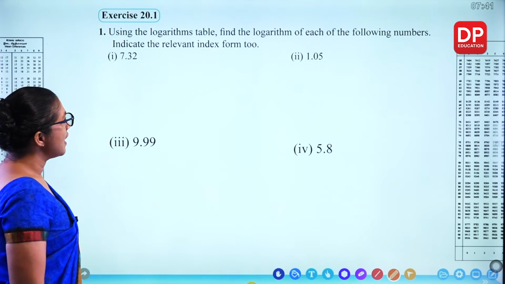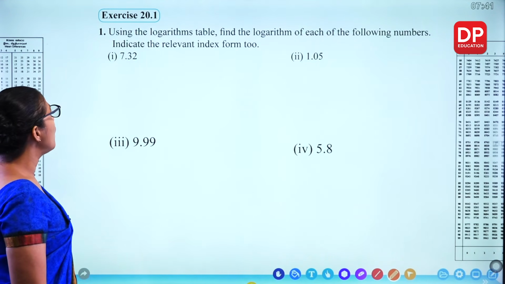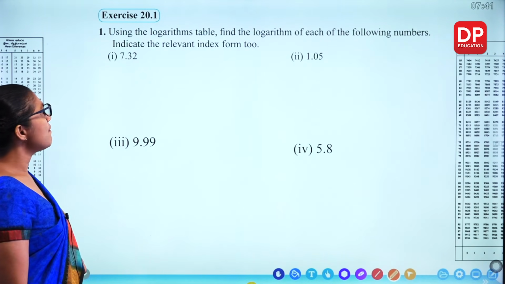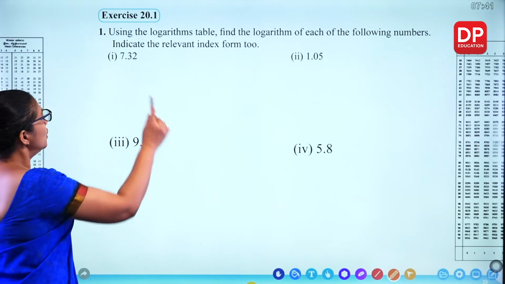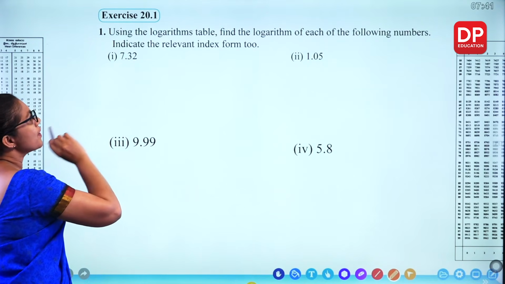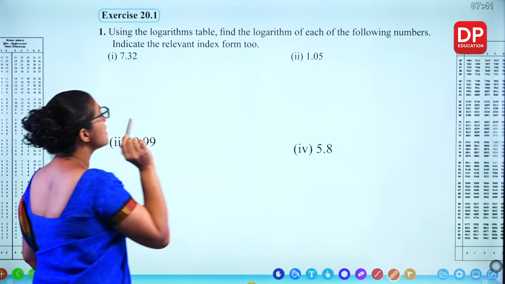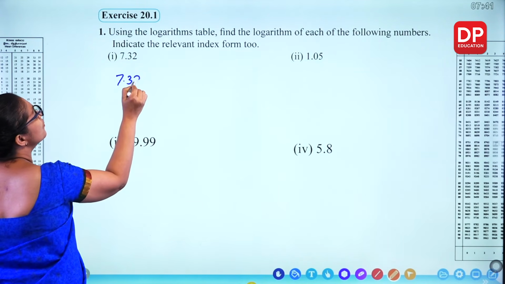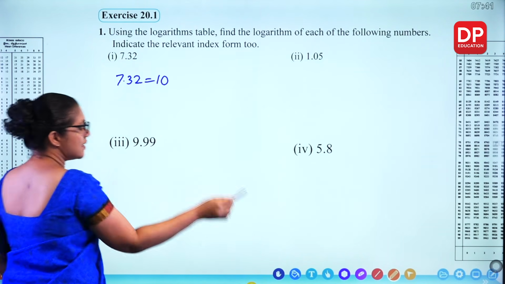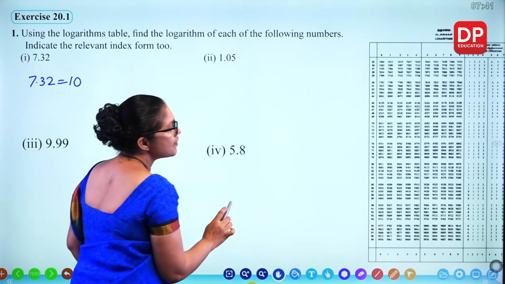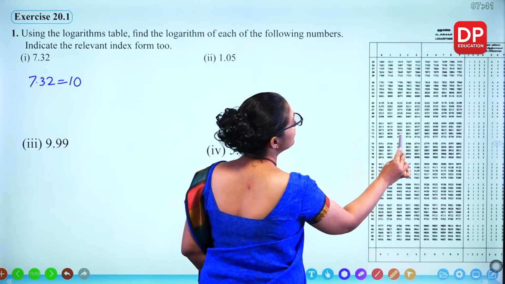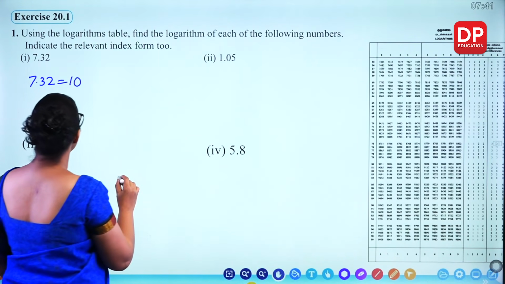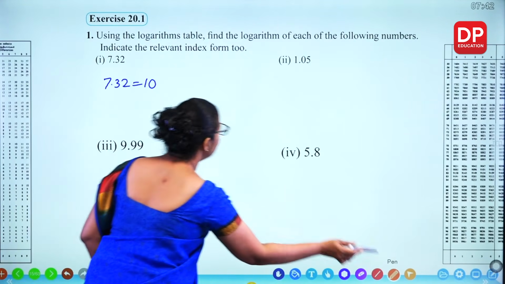Now we'll look at exercise 20.1 in your textbook. Using the logarithms table, find the logarithm of each of the following numbers. Indicate the relevant index form too. 7.32. You can take it as 732. 732 is here, 8645.